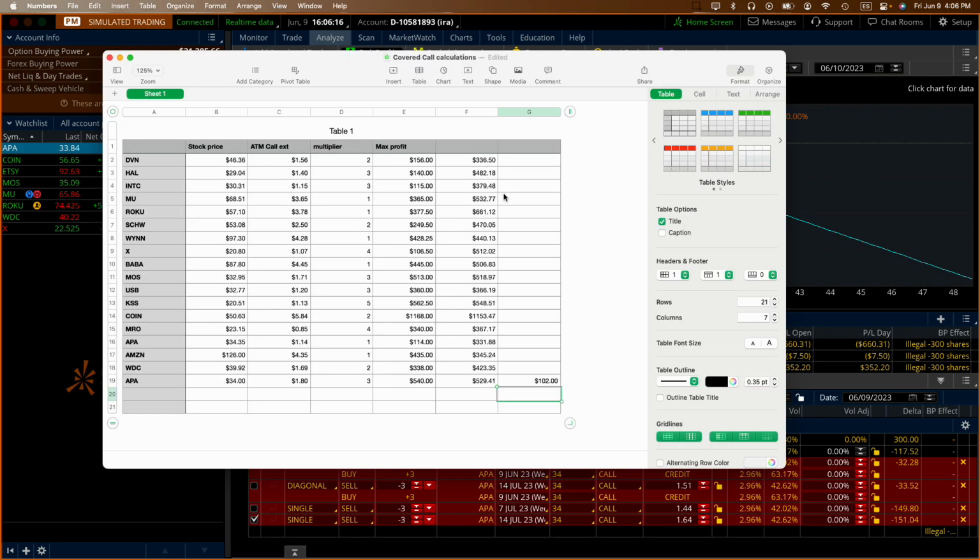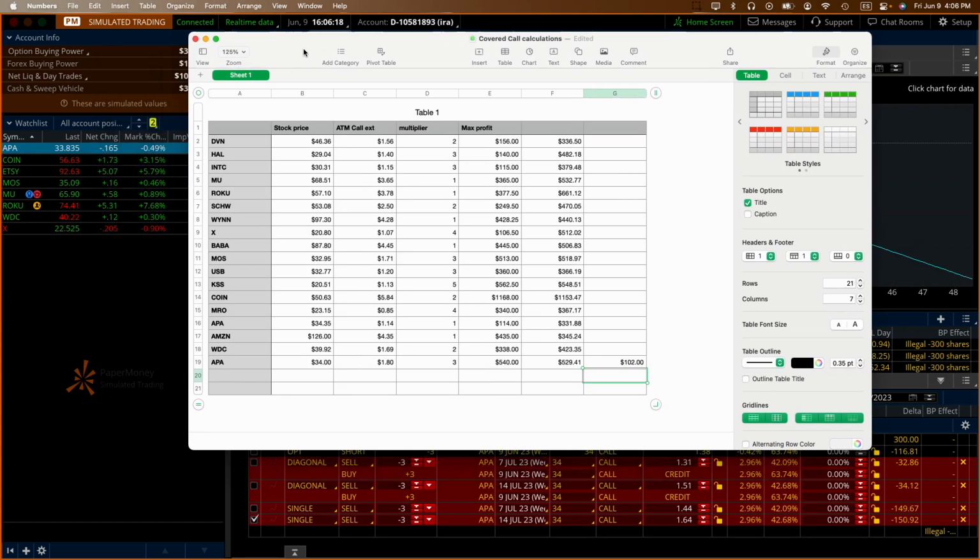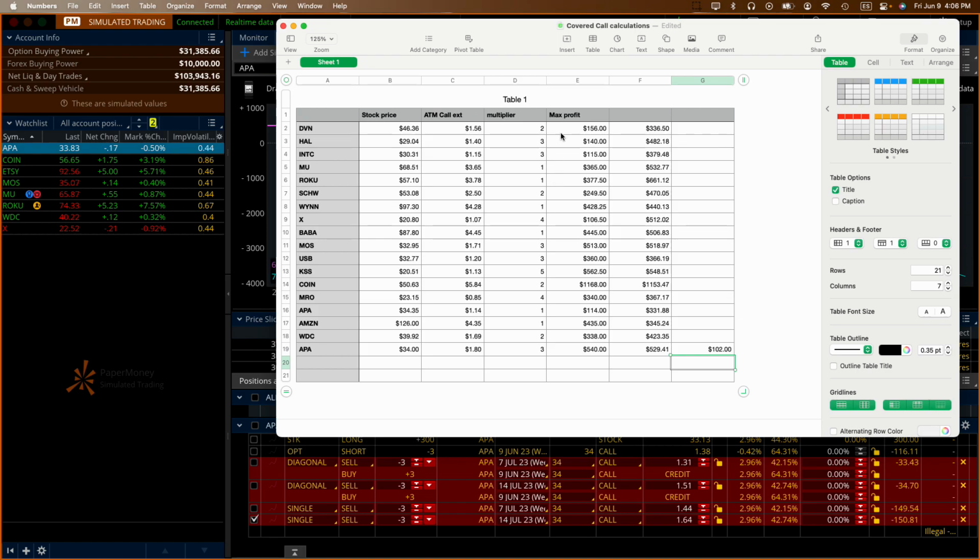Let's look at our covered call calculation here. So let's enter the stock price here. 34 is now 33.84. Our option extrinsic value is 1.64. I know that because an option that is out of the money has no intrinsic value, so it's 1.64.